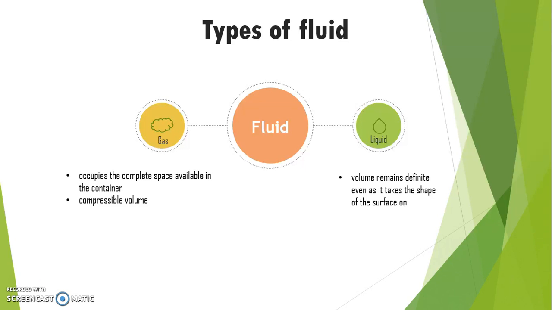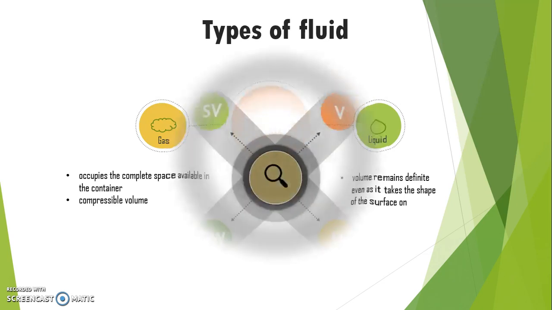A liquid keeps a definite volume even as it takes the shape of the container. So a gas occupies all of the container, whether its shape is square, rectangular or conical, while a liquid follows the shape of the container, keeping just its volume.